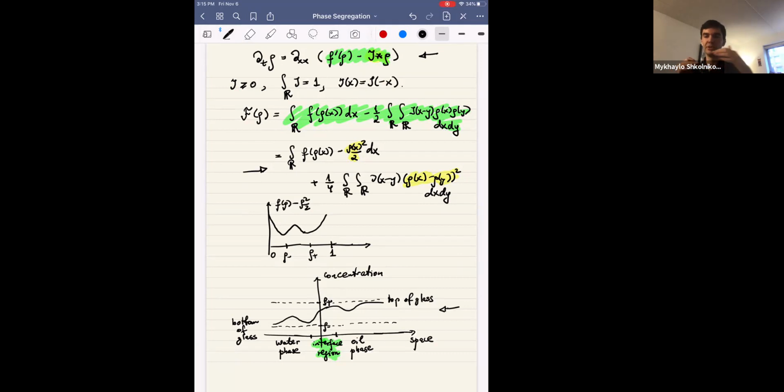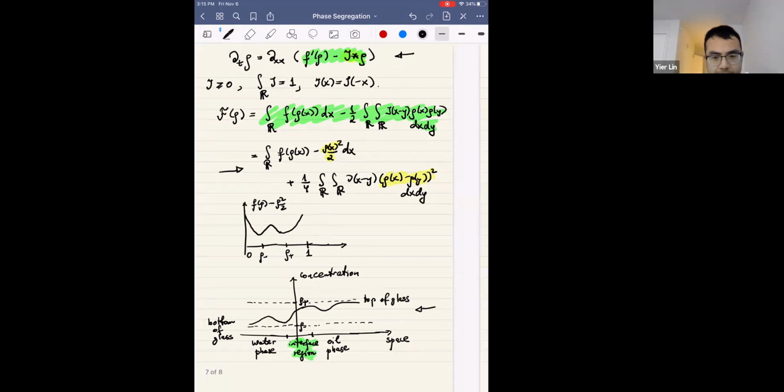So your concentration will follow some sort of diffusion equation on both sides, and the change in the concentration will drive the motion of the boundary. So you have essentially two PDEs on the two sides, and they're coupled through the motion of the boundary. I see, thanks. Sure, you're welcome.